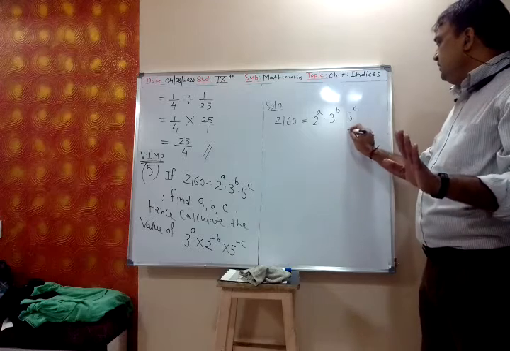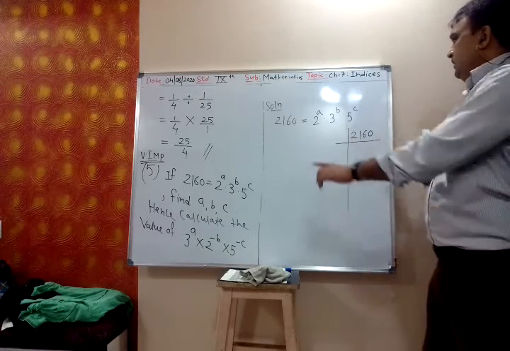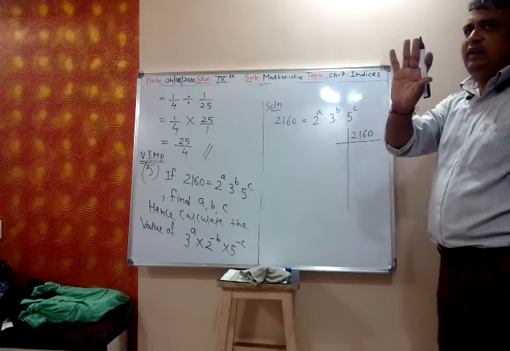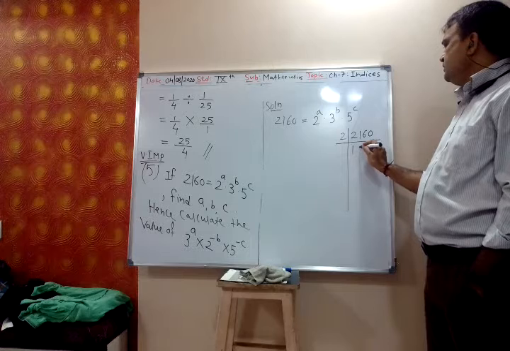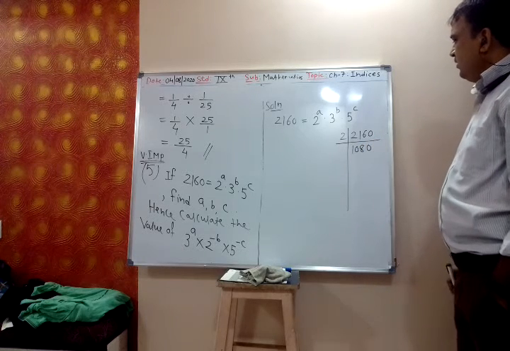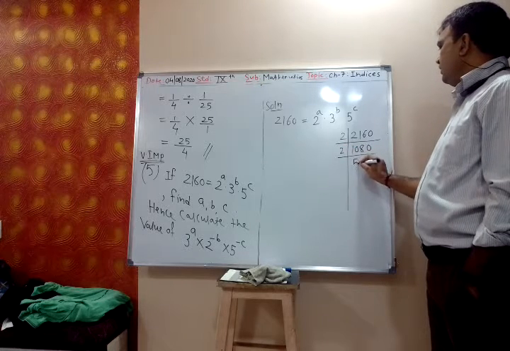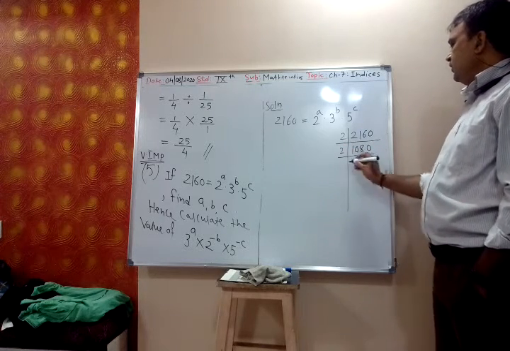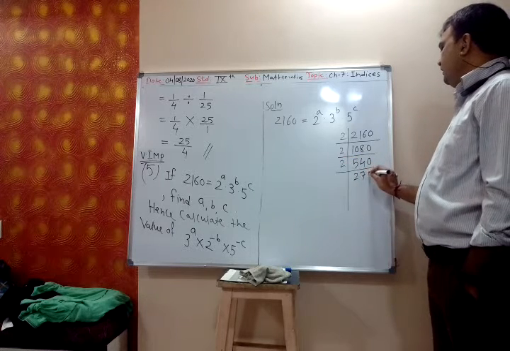No, not LCM, sorry, not LCM. We factorize this. Let us see. We factorize: 2 ones are 2, then 1, 0, 8, 0. Then 2 5s are 10, then 2 4s are 8, then 2 2s are 4, 2 7s are 14.